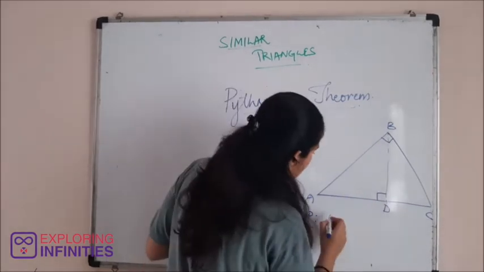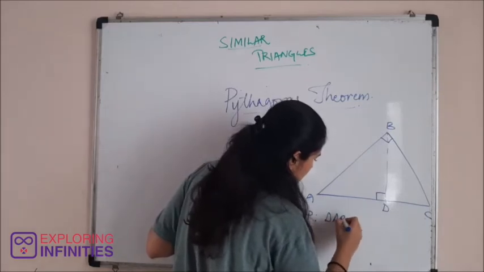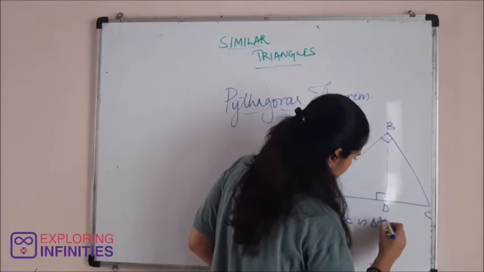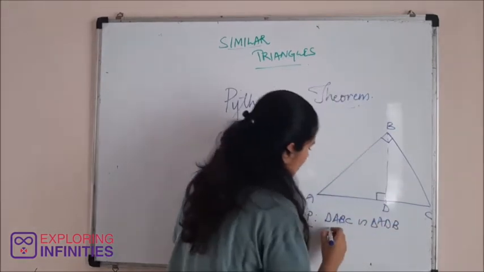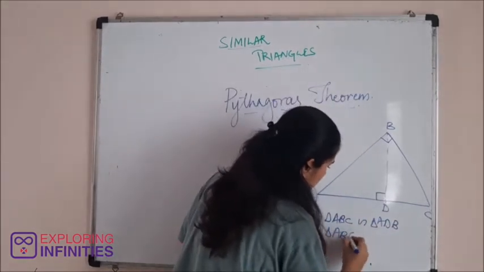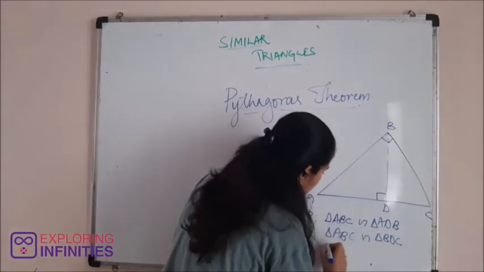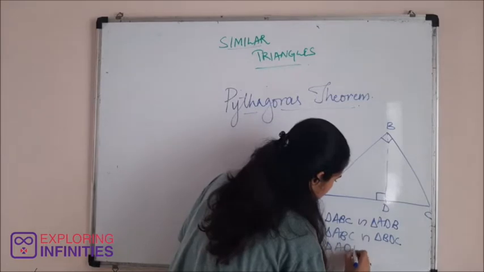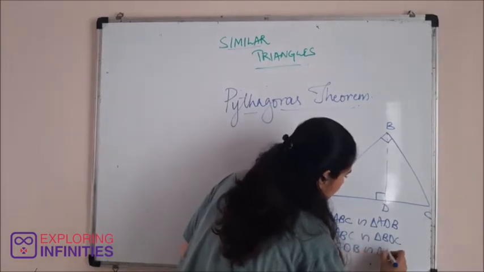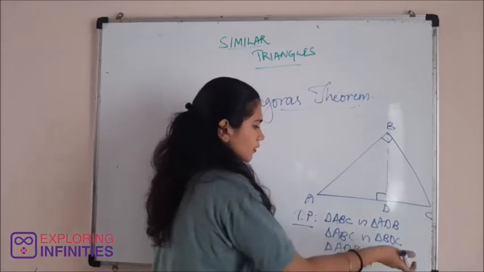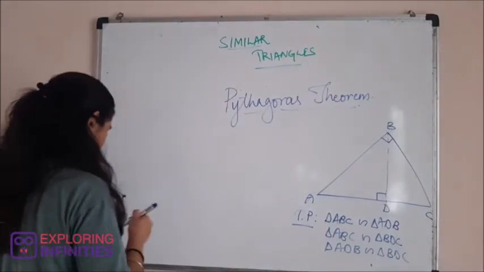What we have to prove is that triangle ABC is similar to ADB, triangle ABC is similar to triangle BDC, and triangle ADB is similar to triangle BDC. If we prove the first two things, then the third one is a byproduct.